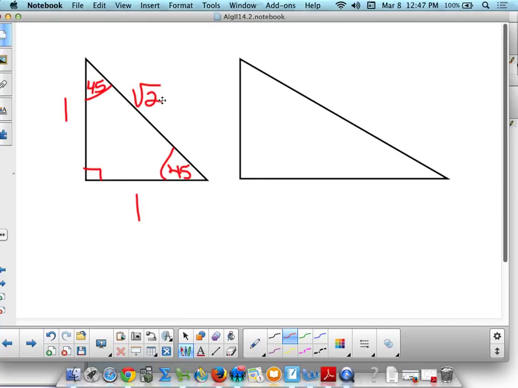When you get to the test on Friday, do this. Put this on the very top of your quiz. Then jump over here and go, okay, this looks like my 30. I'll call that my 30, this my 60. Opposite of 30, 1. Opposite of 60, square root of 3, right? Yeah. And the hypotenuse? 2. Just draw that and have that somewhere near you and keep looking at it as I ask you these questions. All right, here we go.